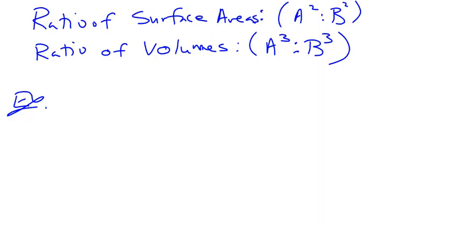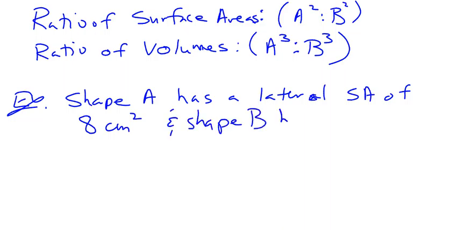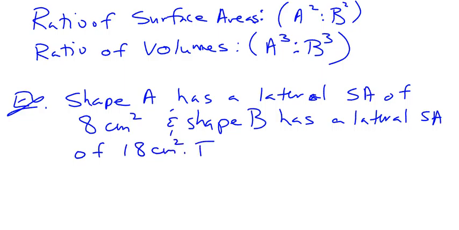If I told you that shape A has a lateral surface area of, say, 8 square centimeters, and shape B has a lateral surface area of 18 square centimeters, find the scale factor. I'm going to abbreviate that to SF.